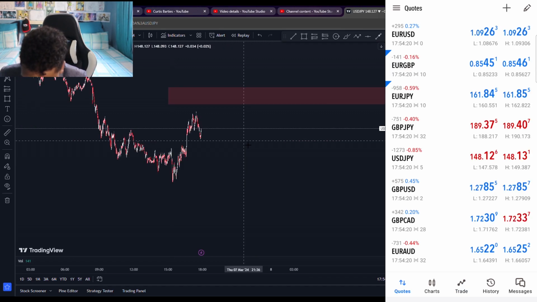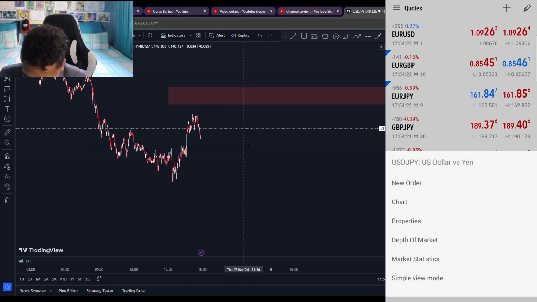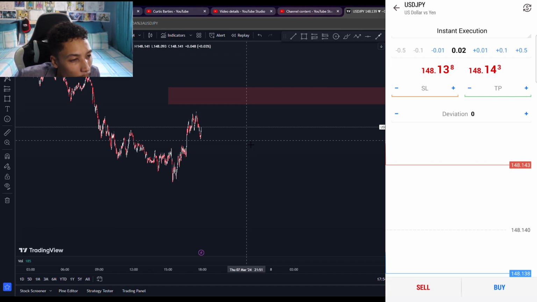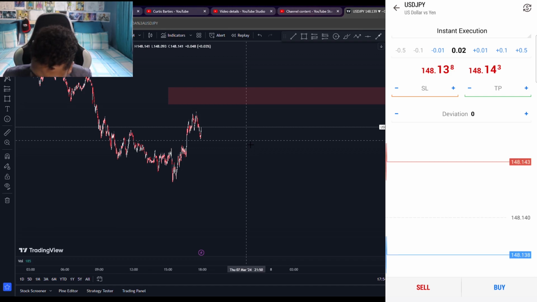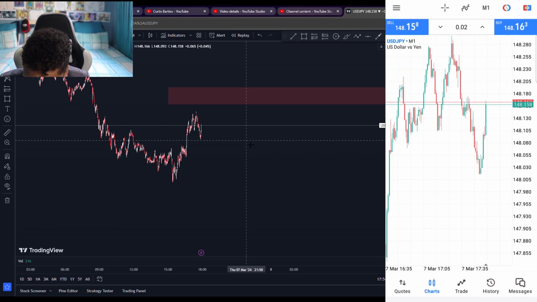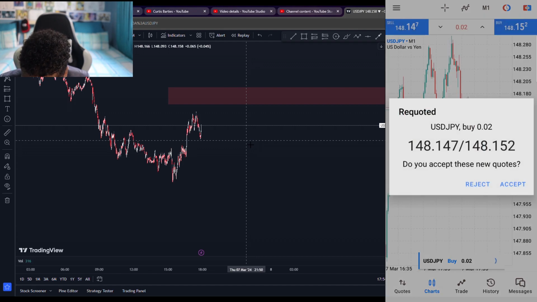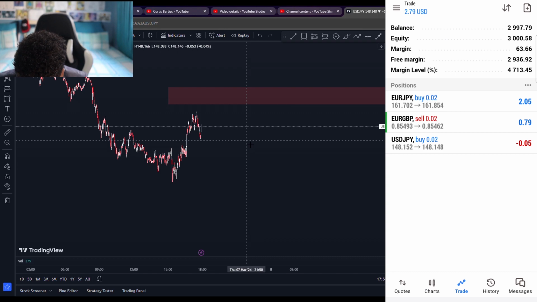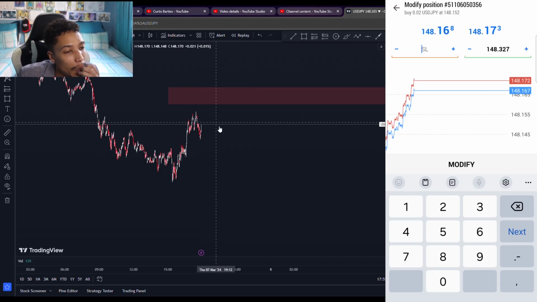Where's the JPY? He's just jumping. Buy on JPY. Alright.